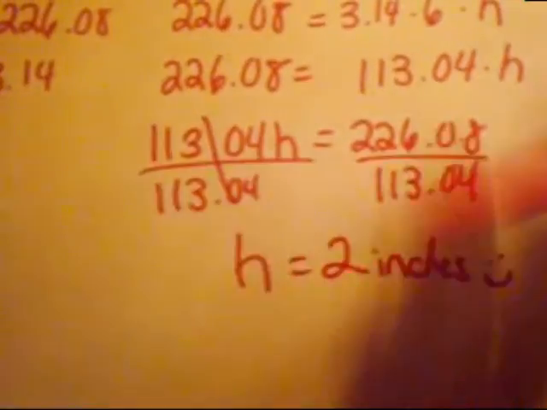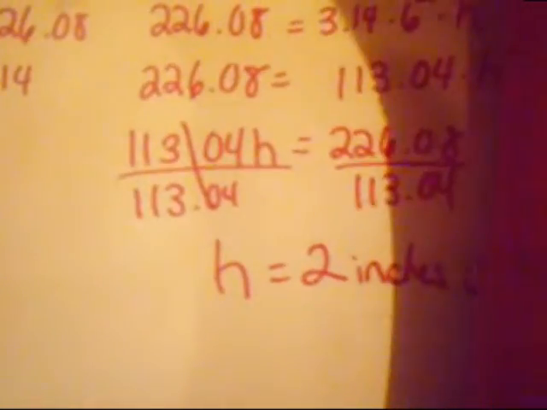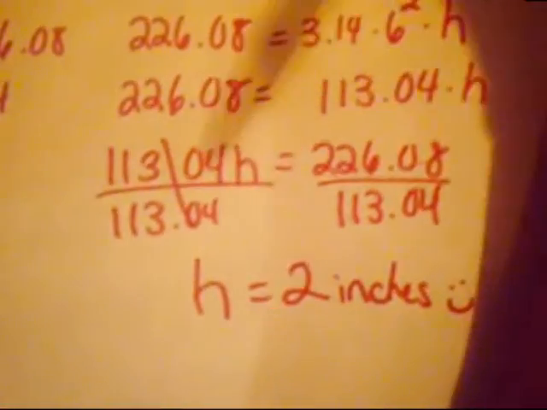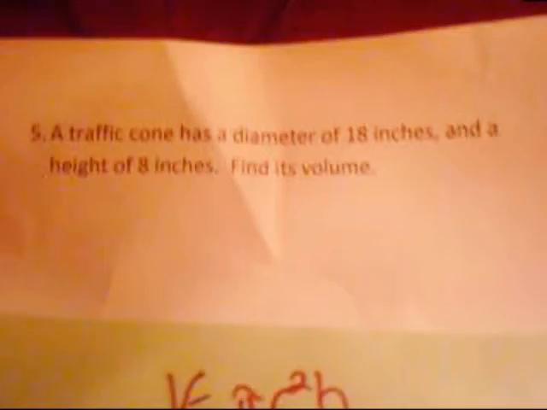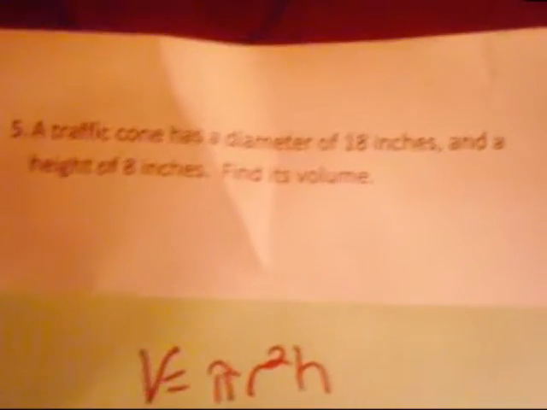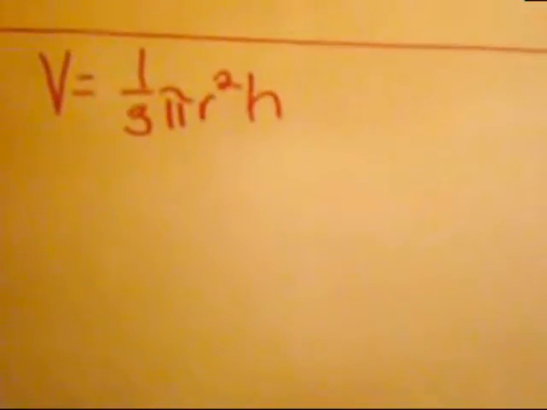Okay? One more. That was number 5. See how number 5 reads. Number 5 says, a traffic cone has a diameter of 18 inches and a height of 8 inches. Find its volume. Okay? Volume for a cone is V equals 1/3 pi r squared h. Remember, guys, we're going to multiply by 1/3 because a cone comes to a point, comes to a vertex.